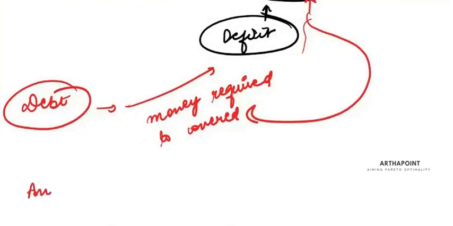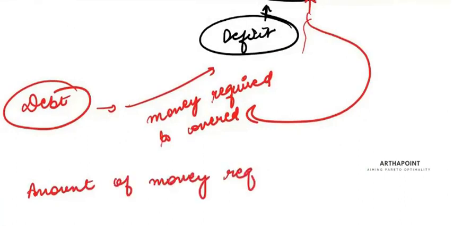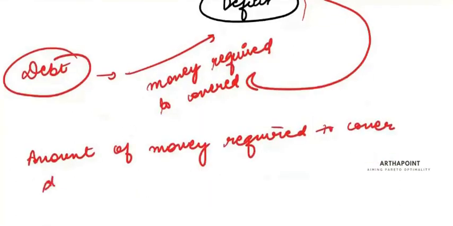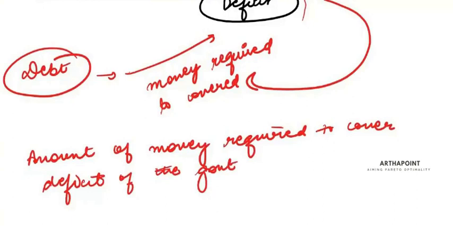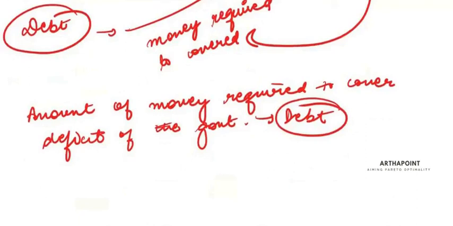So the amount of money required to cover the deficit of the government, that becomes my debt. You can go ahead and say that debt and deficit are equal, but ideally the concept is different. Deficit is the gap between expenditure and revenue. Debt is the money that is required to cover this gap. So fundamentally, the two things are very different.